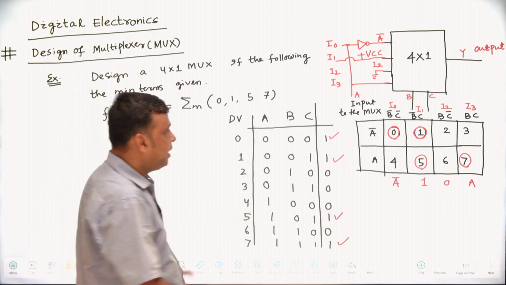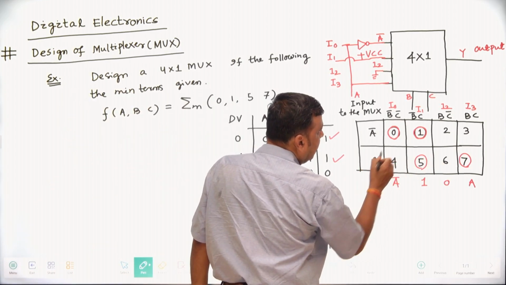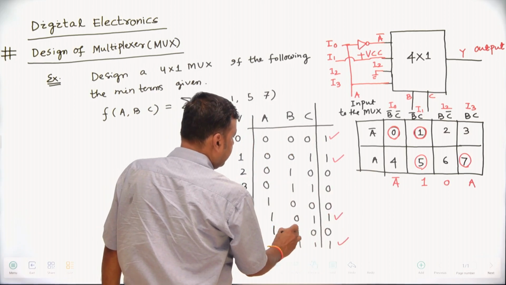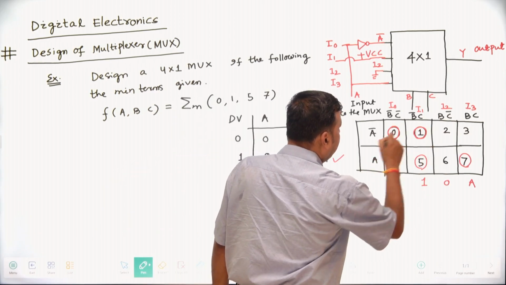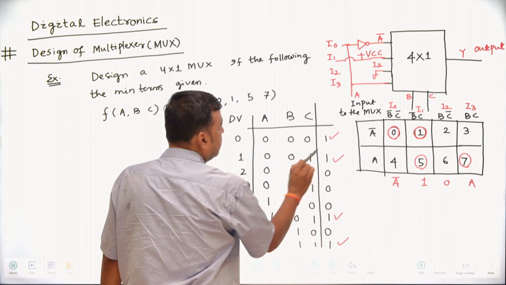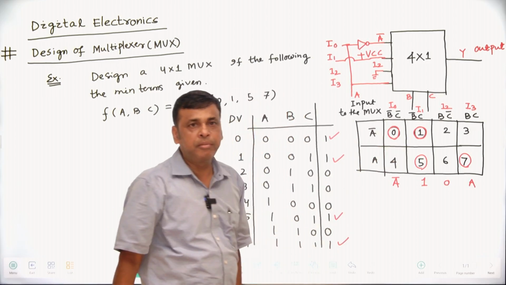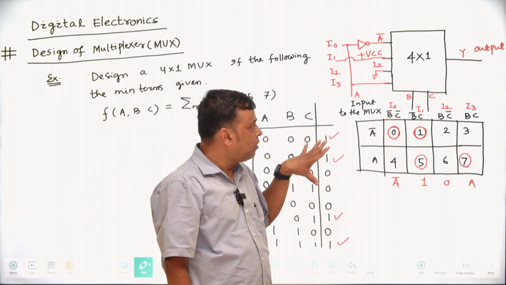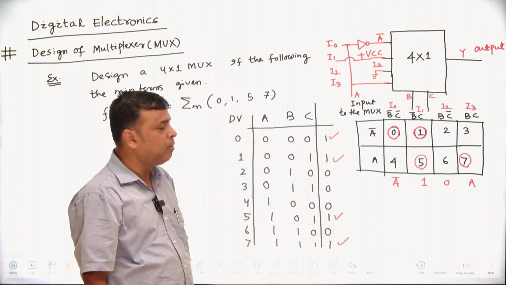If this is a 6, you can check A, B, C bar, that is 6. And suppose you check 2, A bar, B, C bar. That means you have to confirm that the truth table you have prepared is right.